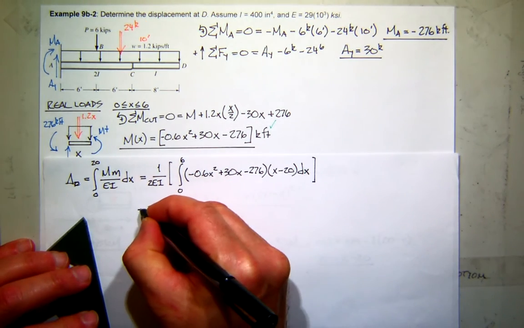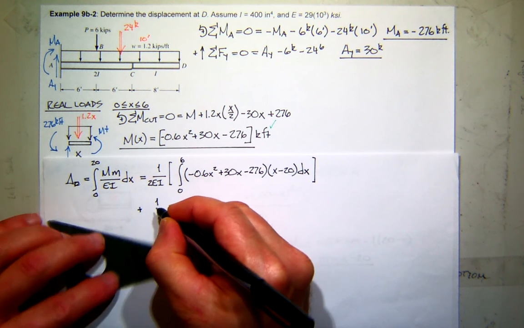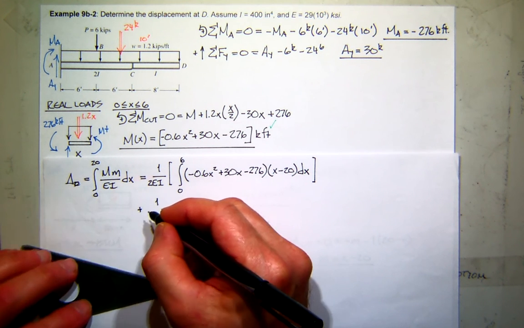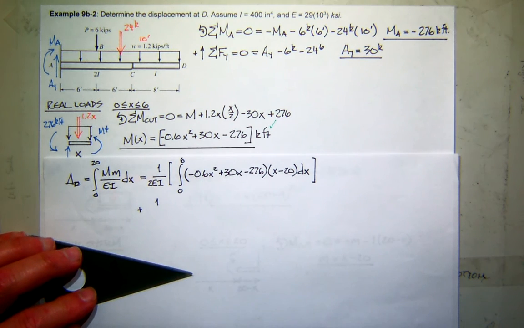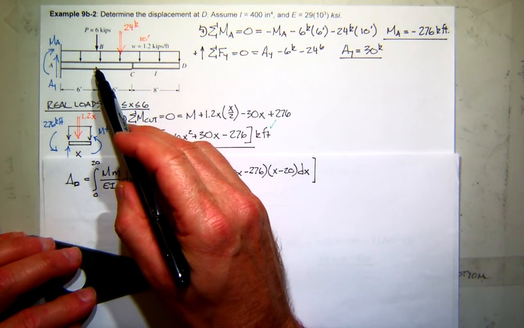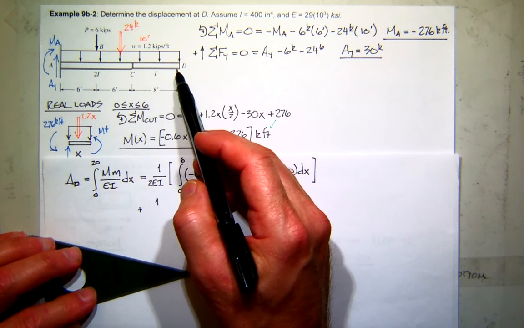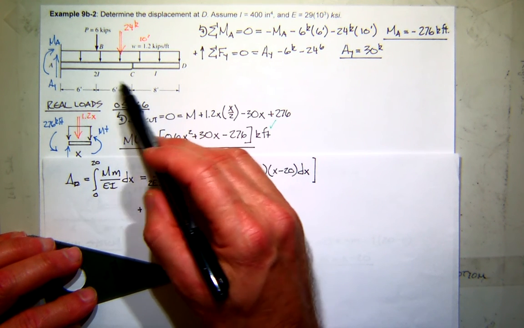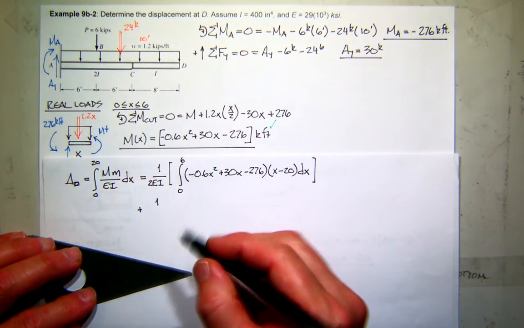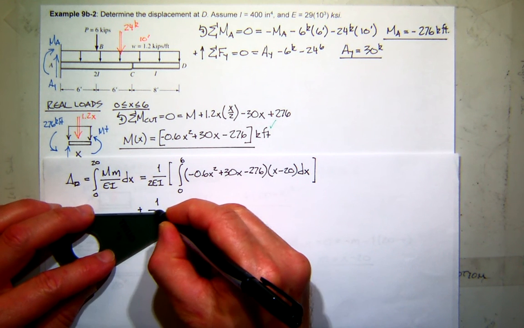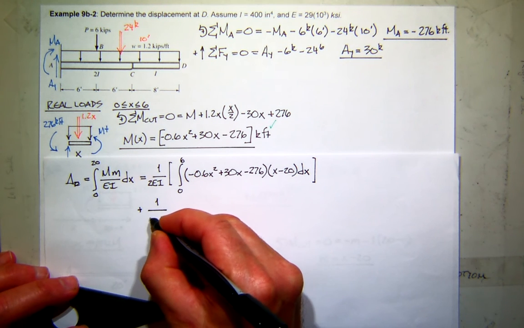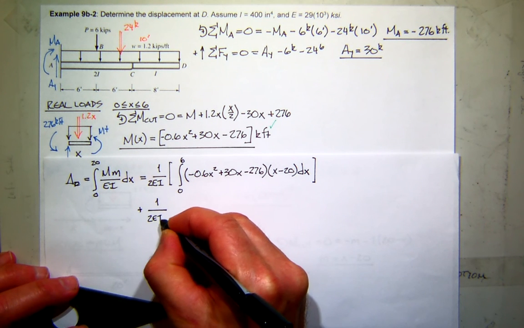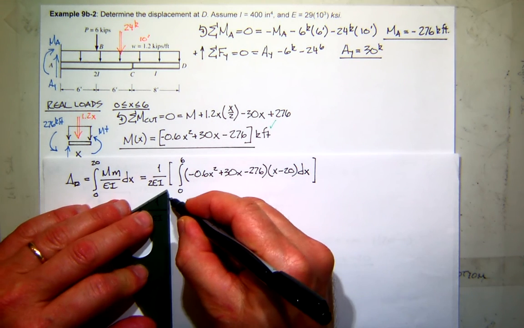And then plus, the second one will be... Oh, that's a good point. Now when I go from 6 to 20, my equations match, but the I doesn't. So my next one will again be 1 over 2EI.